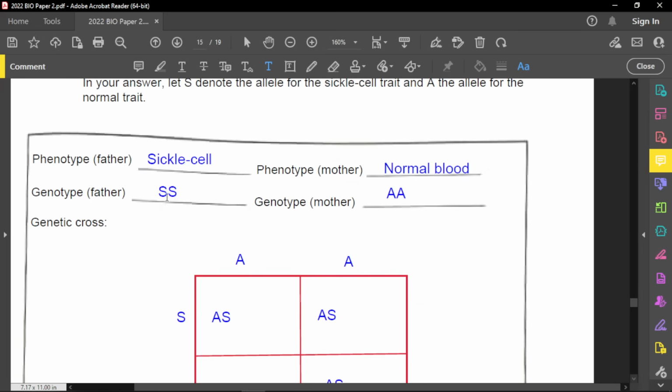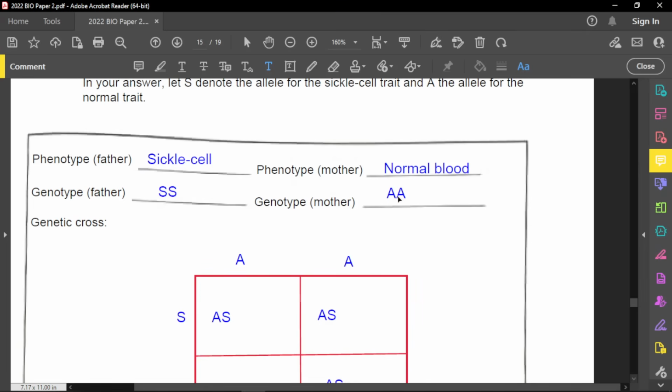Because he's sickle cell, and let's consider sickle cell as a recessive trait disease, then he must have both alleles for that disease. For the mother who is normal, she could have been two things. She could have been a carrier, or she could be a homozygous normal. But I'm choosing homozygous normal.